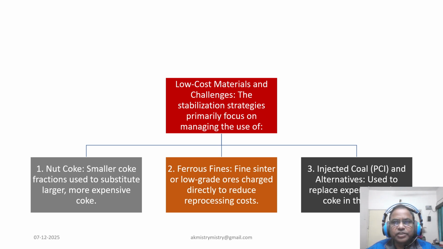For radial distribution, we restrict nutcoke charging to the blast furnace wall area up to a maximum of 40% of the blast furnace radius to ensure high permeability is maintained in the central region.